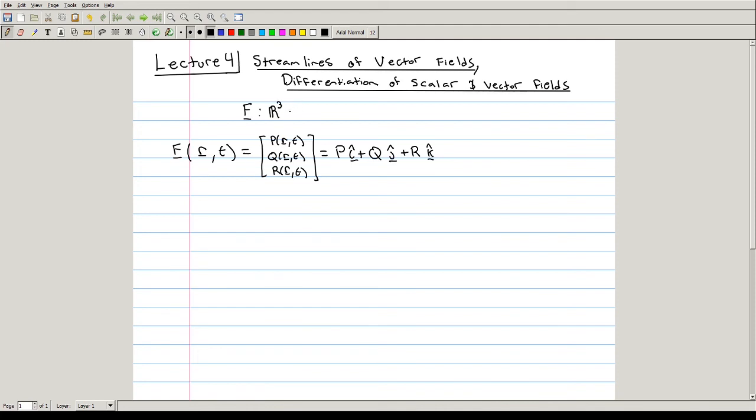It could be 2 dimensions as well, and it's a function of time, and it's mapping to 3-dimensional space in general. This is the 3-dimensional case. In 2D, we have a similar functional dependence, only it's dependent on 2 dimensions of space, and the vector is valued in 2 dimensions of space.